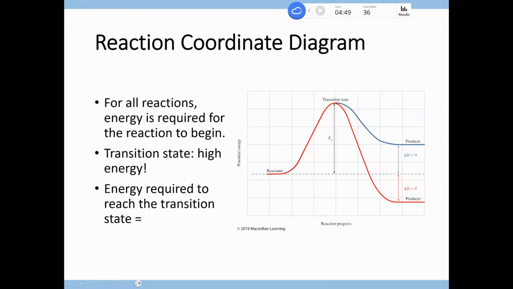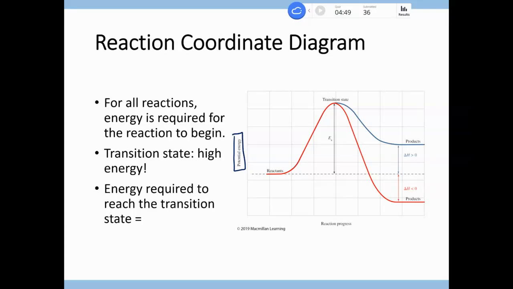Reaction coordinate diagram, we have potential energy on the y-axis. So this diagram shows relative energies of reactants, products, and what we'll call the transition state. Transition state is the state of the reactants as they're forming products, where bonds are breaking and bonds are forming.